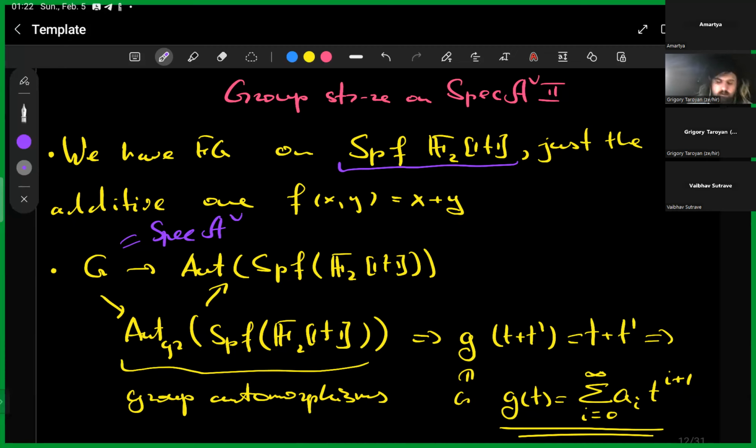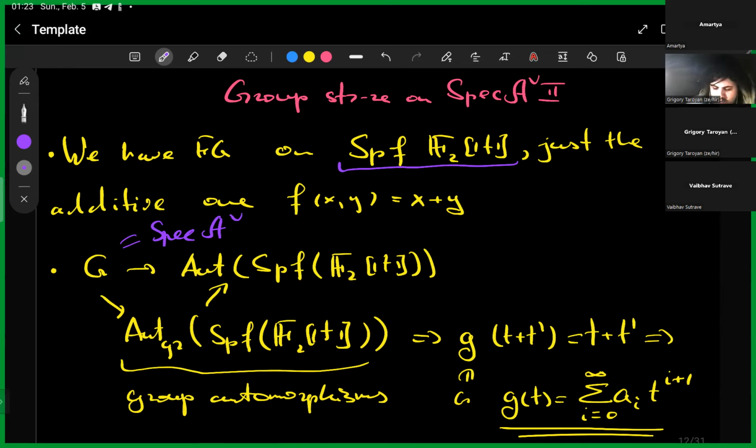And this means that this homomorphism into the group of all automorphisms of this formal spectrum as a formal scheme factors through the group of all automorphisms of this formal scheme as a formal group, which means that any element of our group G as it acts on this formal group should respect this addition law.